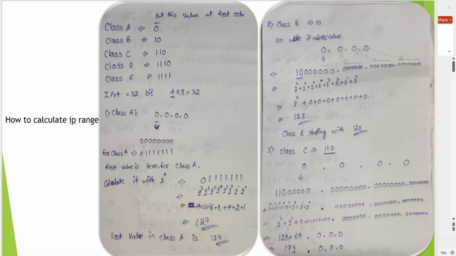In class B, there are two networks, so I am giving 255.255.0.0. In class C, there are three networks, so I am putting 255.255.255.0.